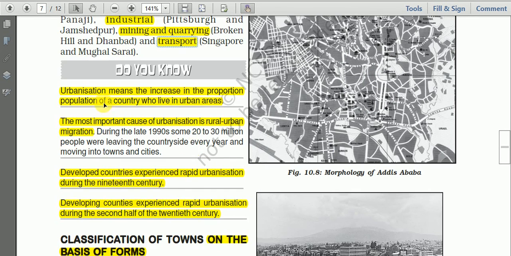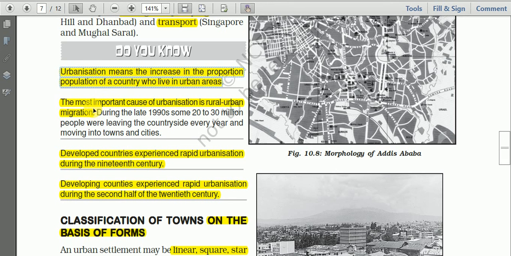Here in this section some important information is given. The meaning of urbanization is given here. Urbanization means the increase in the proportion of the population of a country who live in urban areas. So urbanization means an increase in the number of people in urban areas.